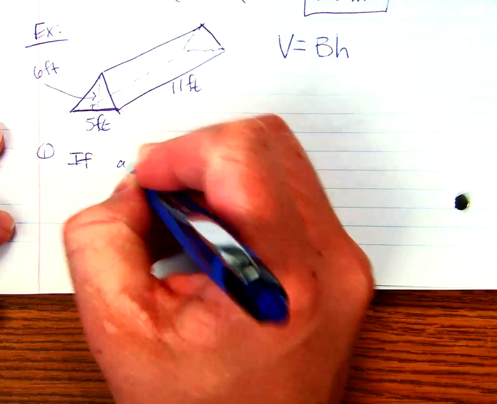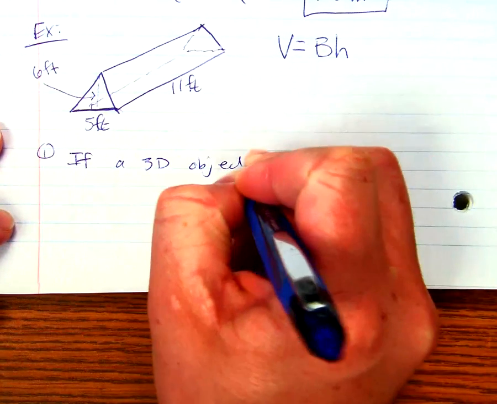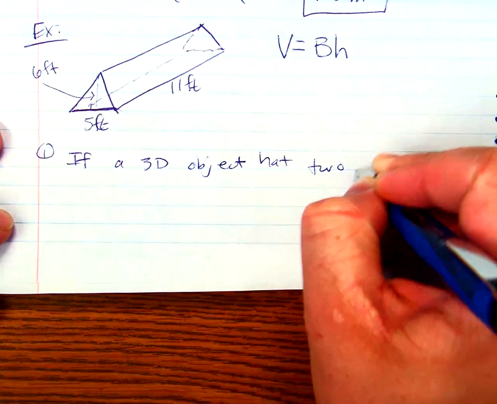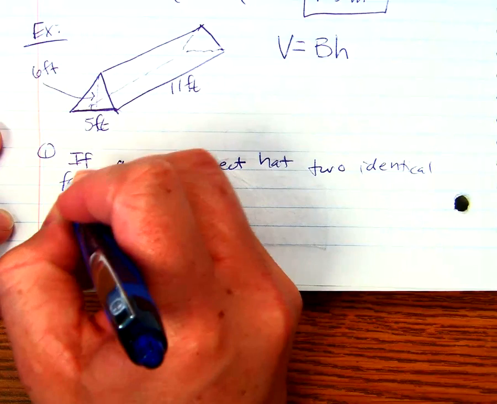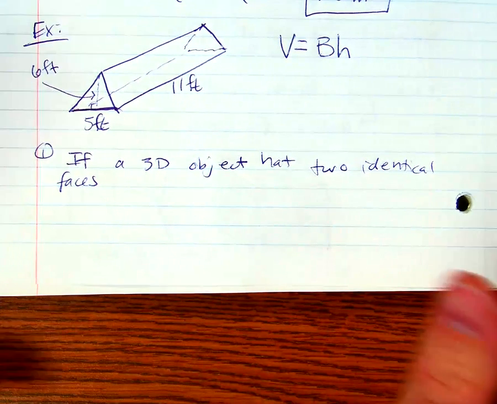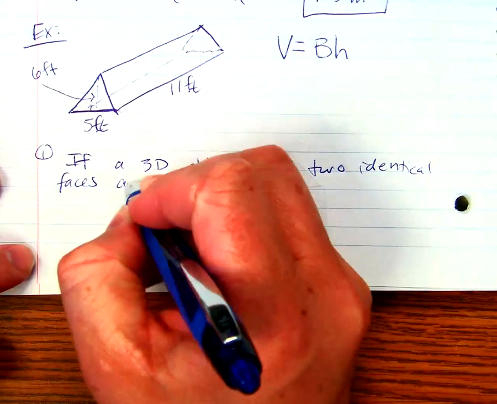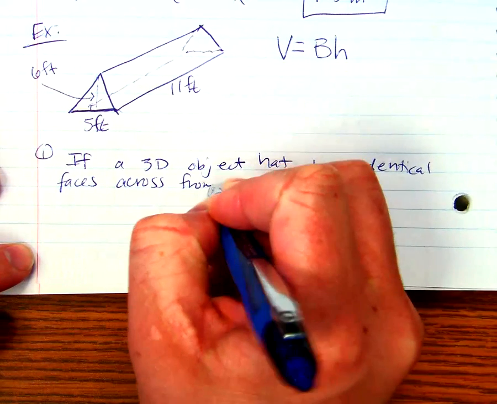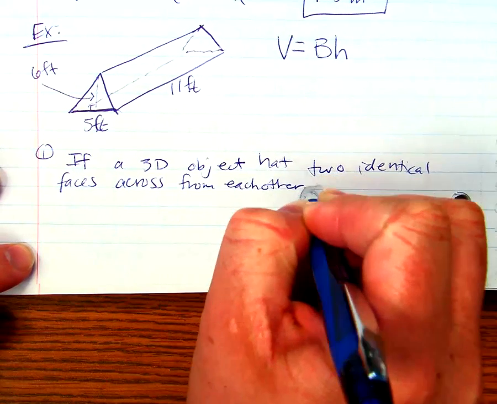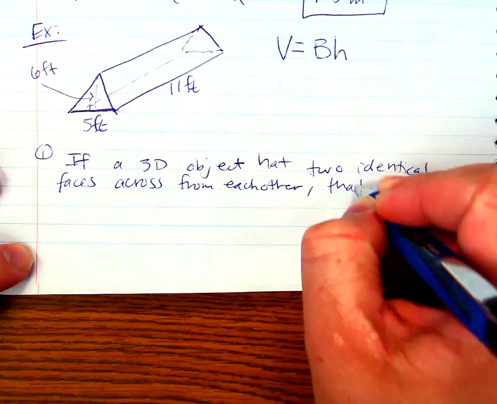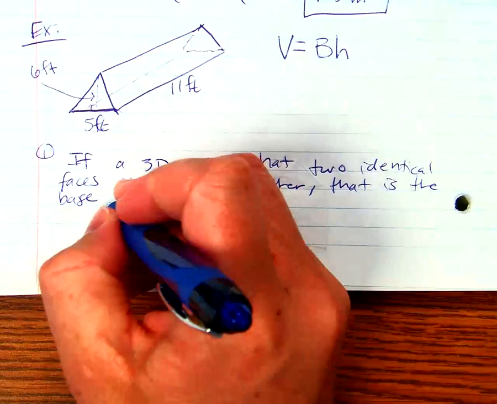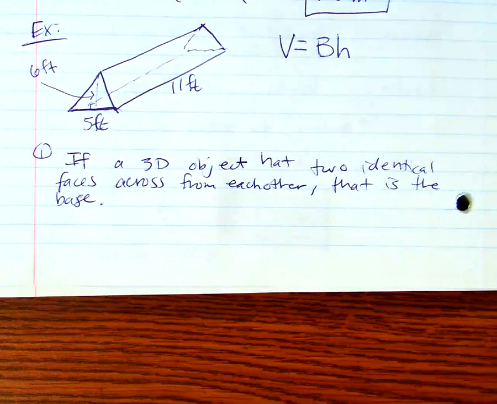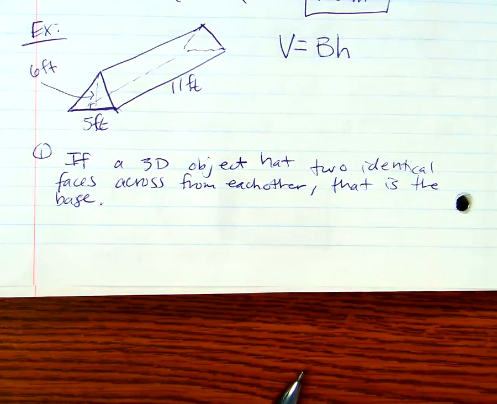If a 3D object has two identical shapes or faces across from each other, that is the base. So if you notice that two sides opposite to each other are exactly the same, that's your base.